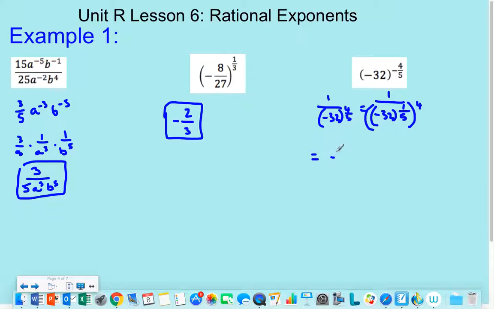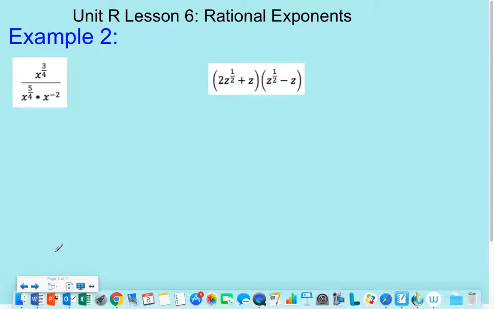So we've got 1 over negative 2, and now we're taking negative 2 to the 4th power, and negative 2 to the 4th power is going to be 16. And that's how that one goes. So you can see here in this example how we pulled out the 4. We took the 5th root of negative 32 and then got that to turn into 1/16.